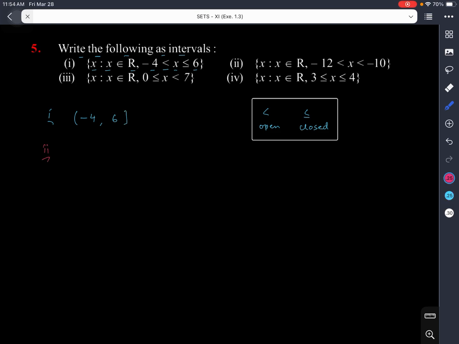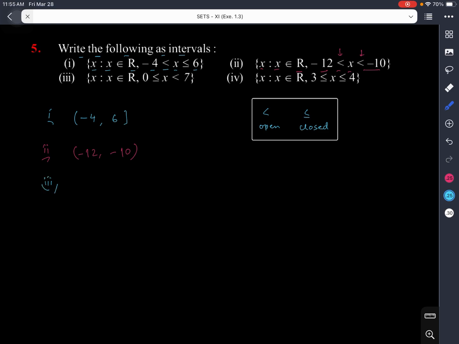Part number second. x such that x is a member of real numbers, where x is greater than negative 12 but less than negative 10. This interval is open. So this set in the form of intervals can be written as (-12, -10) enclosed in parentheses. Part number third.